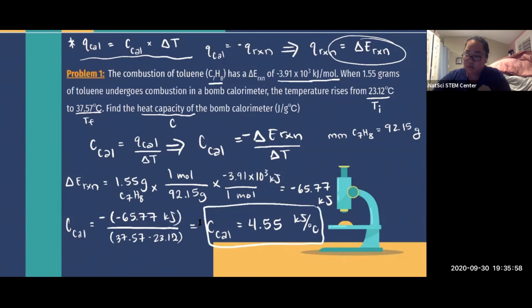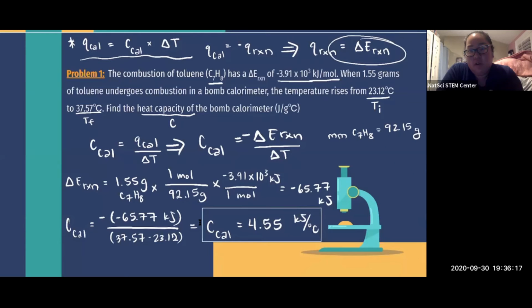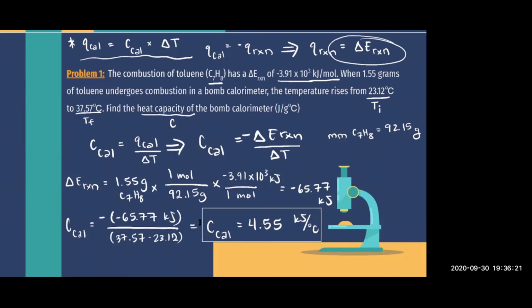I have a question. Yeah. If it's asking for it in joules, would we convert it to joules? But it's also asking for joules over grams times degrees Celsius, so where would you get the grams to include in the units? Because it said find the heat capacity of the thermometer and then joules per degree.